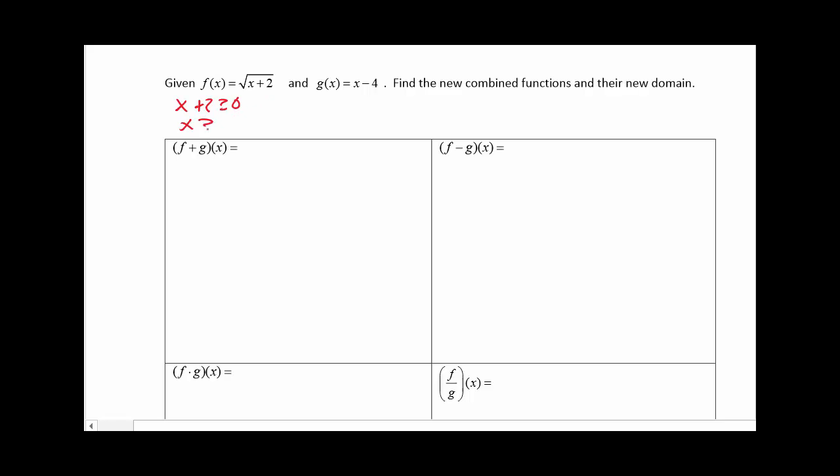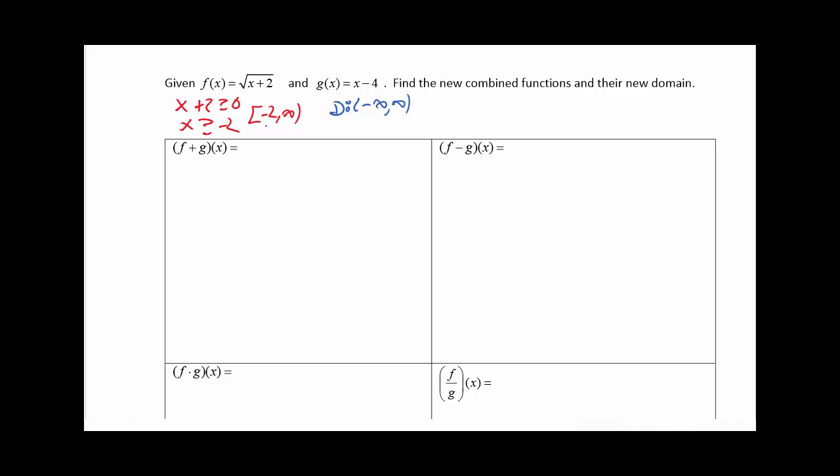Sorry about that. And I want to subtract out 2. So in that case, as long as we're greater than or equal to negative 2, then f will be satisfied. G, being a polynomial, is not a fraction or a square root, so g will allow any number to work. There are no exclusions from the domain of g.